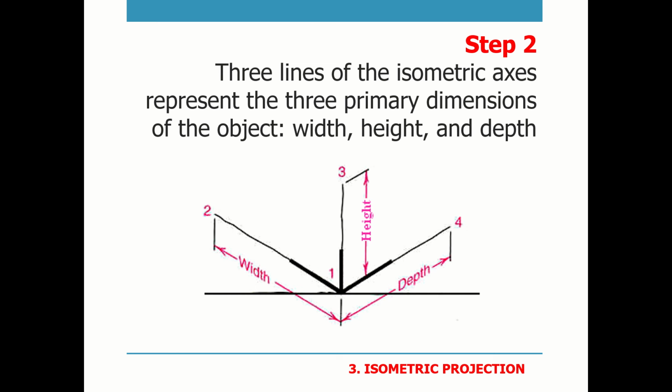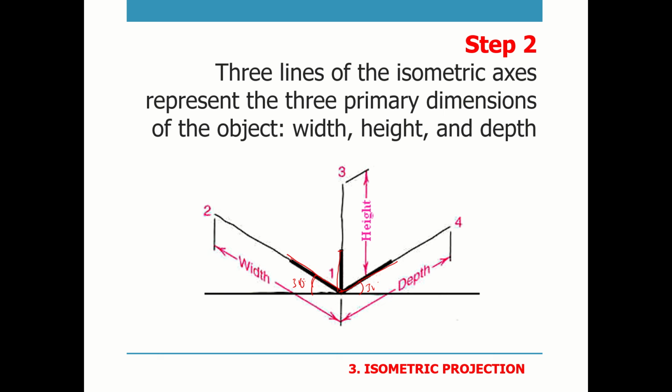So once you have done that basic thing, for example, let's say you have drawn a vertical line, and you have drawn a line at an angle of 30 degree, and another line at an angle of 30 degree.